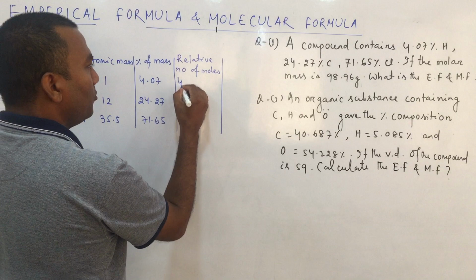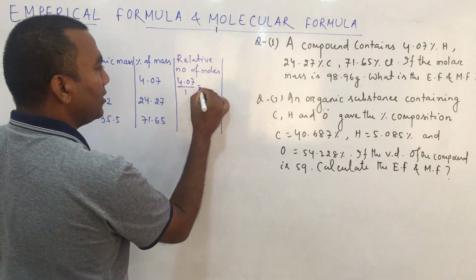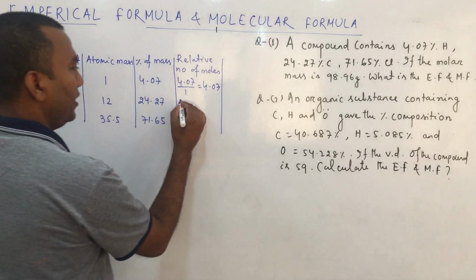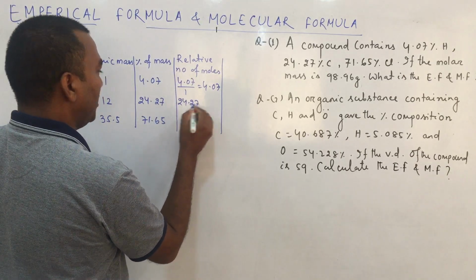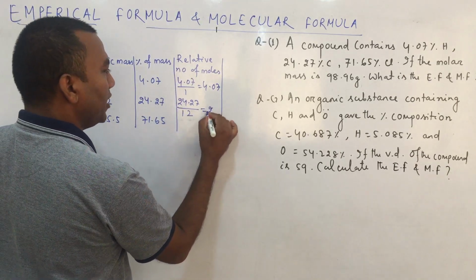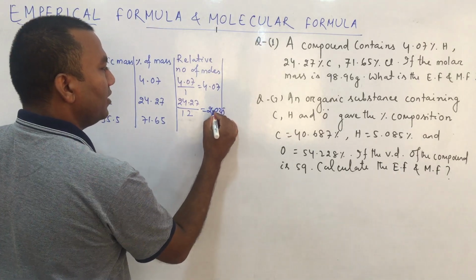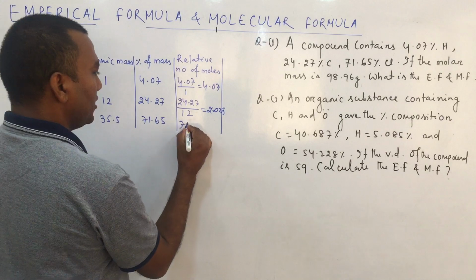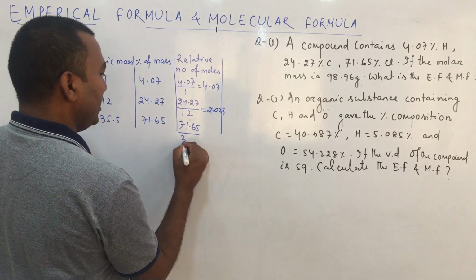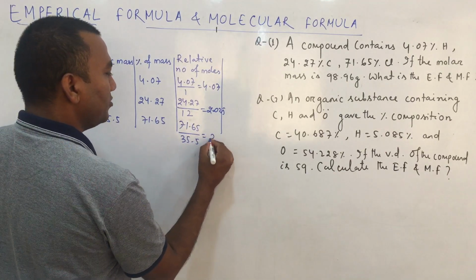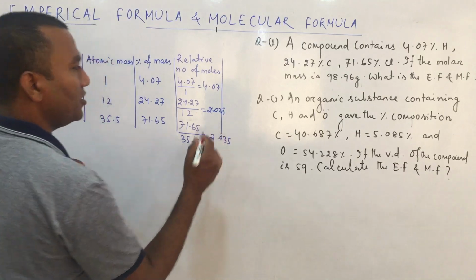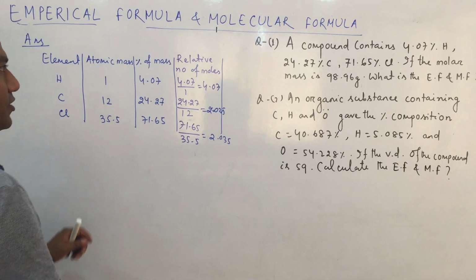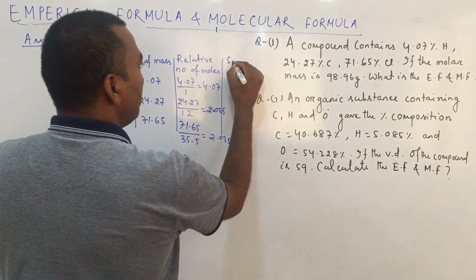So 4.07 by 1 equals 4.07. Then 24.27 by 12 equals around 2.035. Similarly, chlorine 71.65 by 35.5 is also around 2.035. So this is the relative number of moles. Then the next column is the simplest ratio.